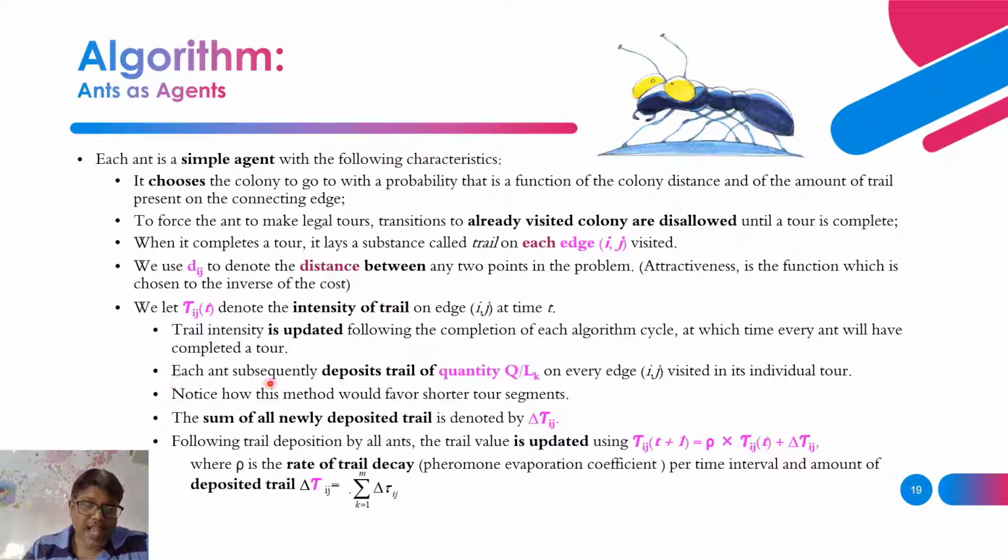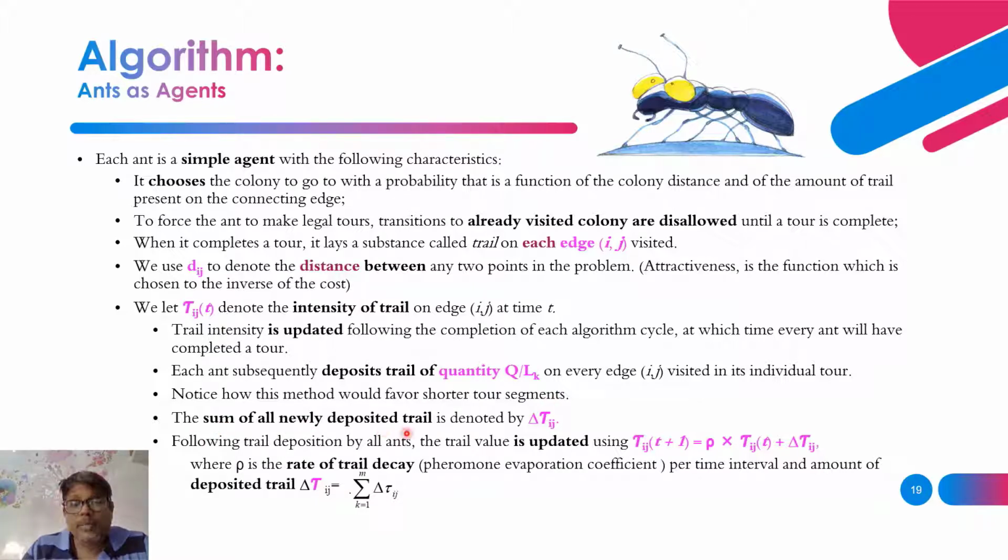Each ant subsequently deposits trial of quantity Q by L_k. Q is a constant, and L is the length traveled, or length of every edge visited by the individual tour. This is very important, this is how it is used to decide the shortest route.